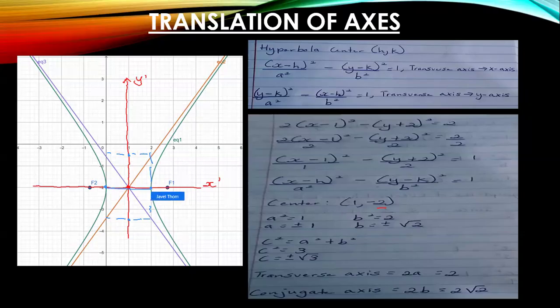If you check the distance there, it's going to give you 2. The conjugate axis is 2 times b. We know that our b value is root 2, so 2 times root 2 gives you 2 root 2. You start from the point here and then you go up, and it should give you your conjugate axis.